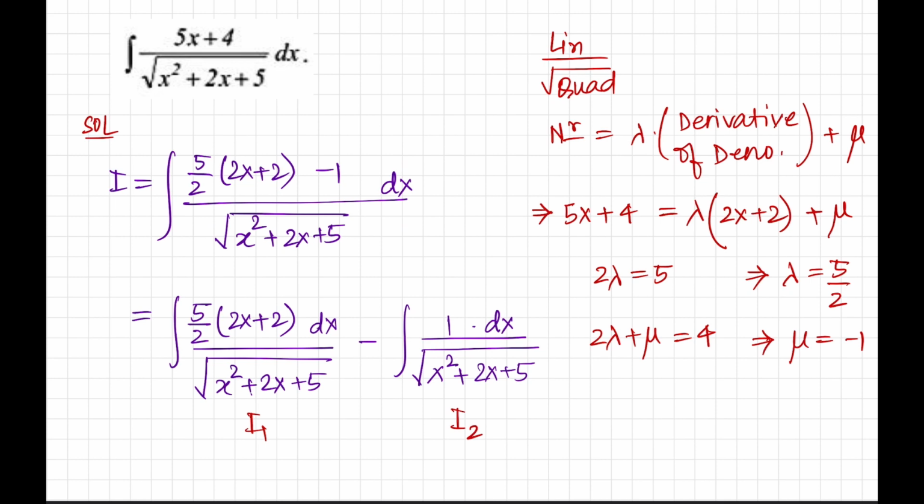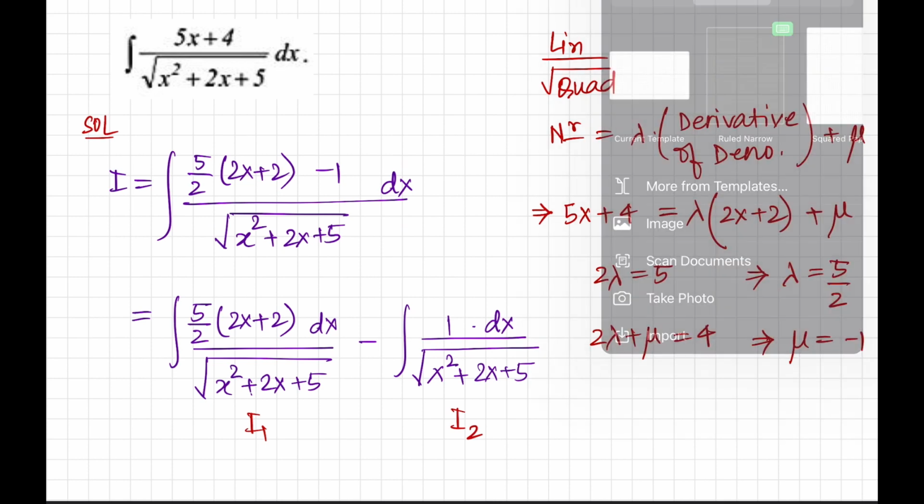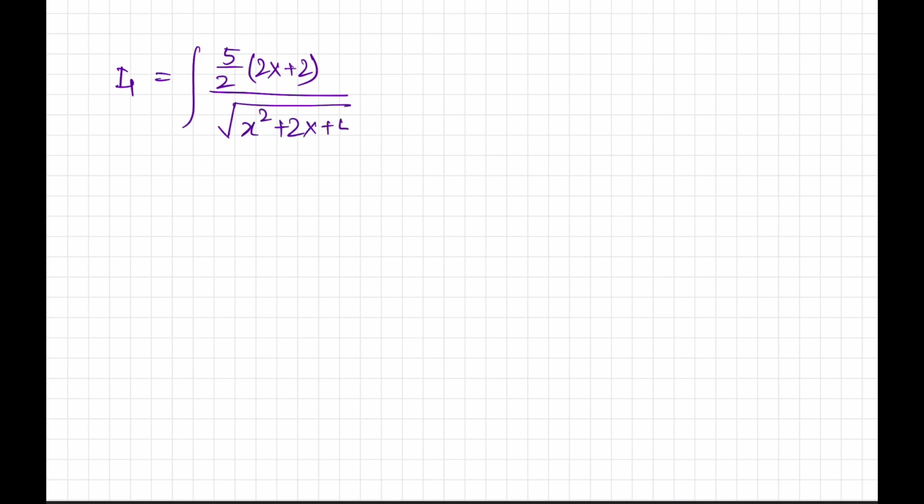So if we integrate I1, so we have I1 as integral of 5/2 into 2x plus 2 upon under root of x squared plus 2x plus 5 dx. Now here we put x square plus 2x plus 5 is equals to t.